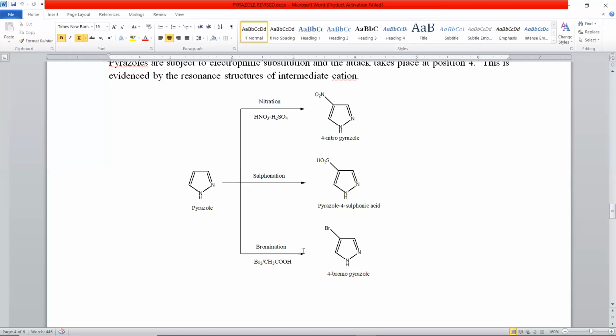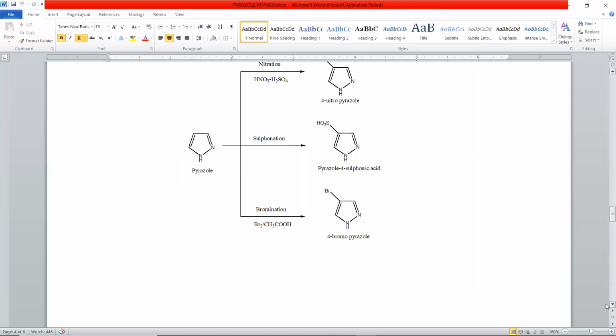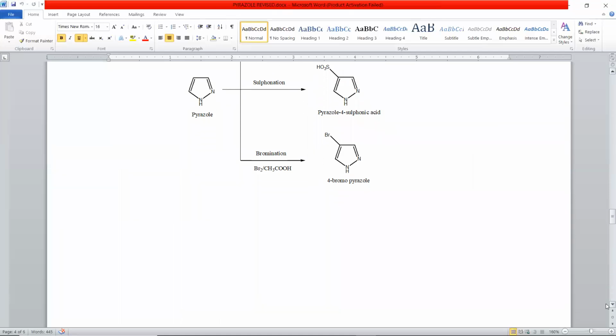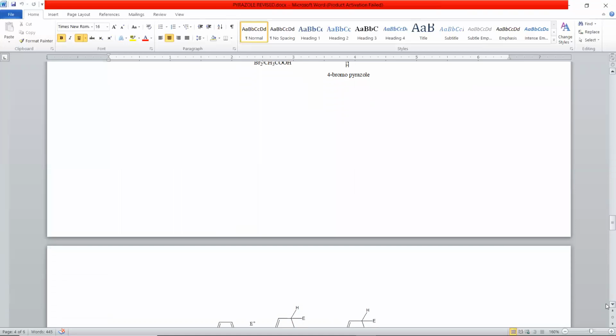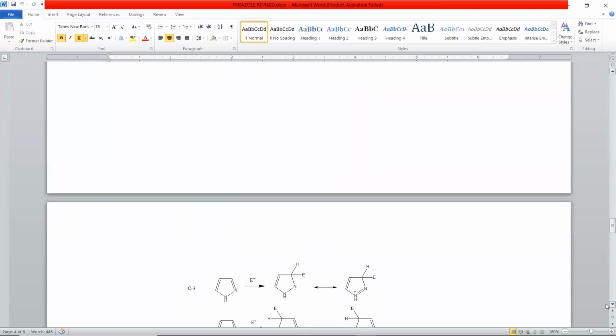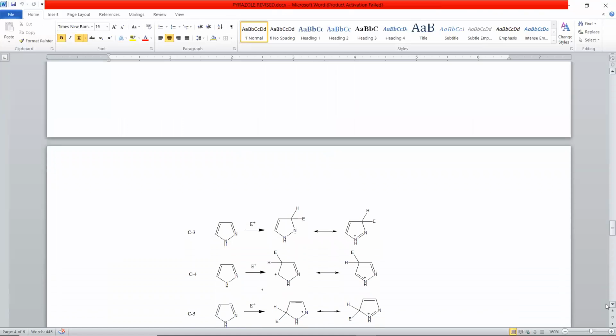Similarly, bromination occurs at the 4th position when treated with bromine in acetic acid. Pyrazole forms a 4-bromopyrazole. So all these are examples of electrophilic substitution reactions, and we can see the resonance structures when electrophile attacks at different carbon atoms of the pyrazole ring system.